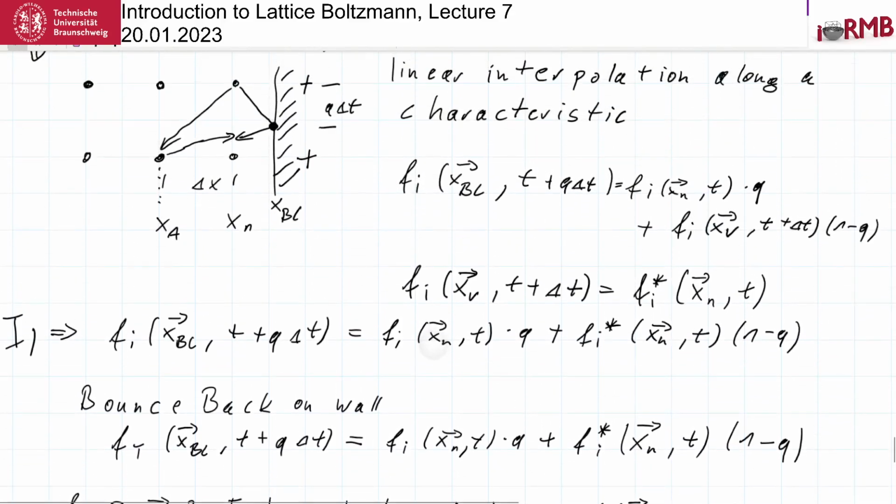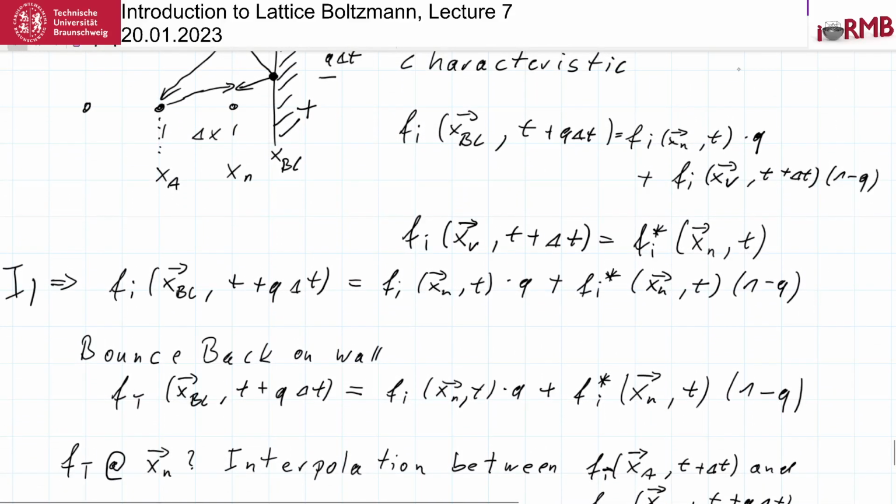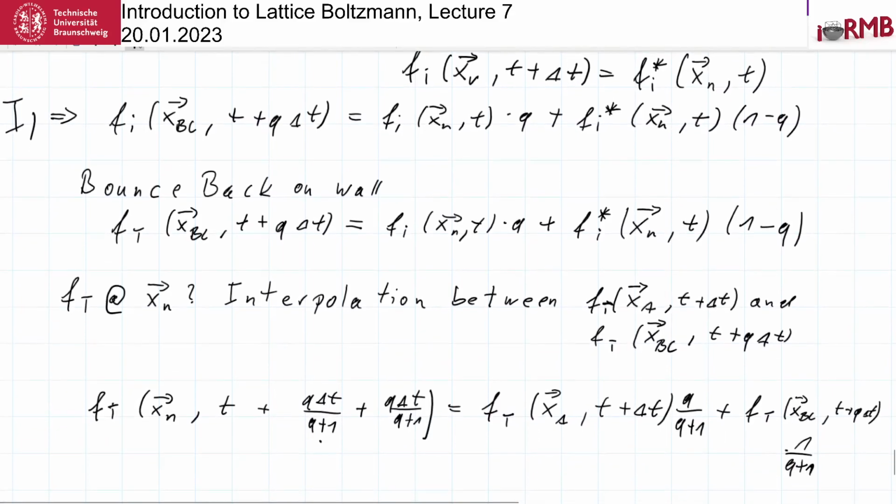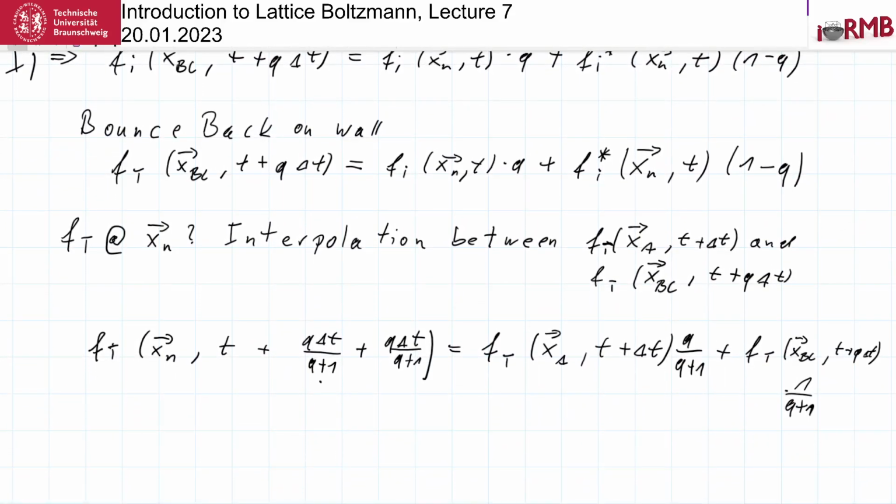So I've already drawn it here, so this is leading us to this position here in space and time. And what we still have to specify is this guy. So what is this guy? Again, because this is in the next time step, it's the pre-collision state at the position A and t plus delta t.